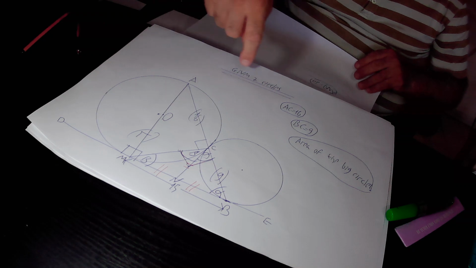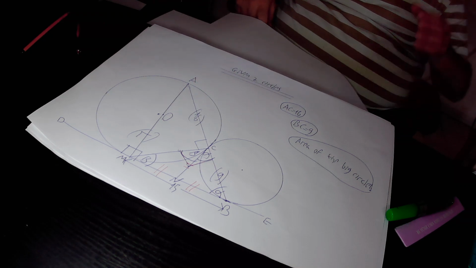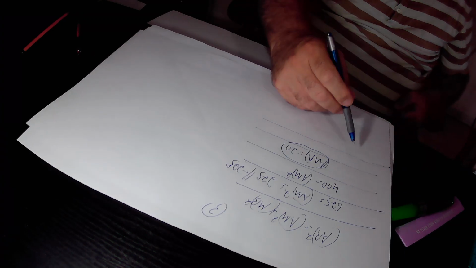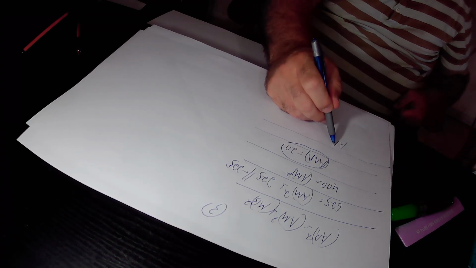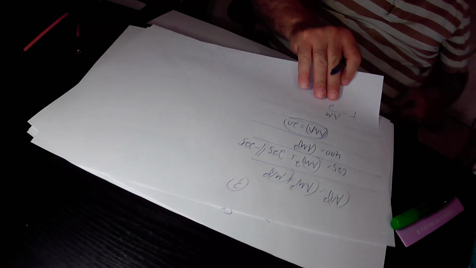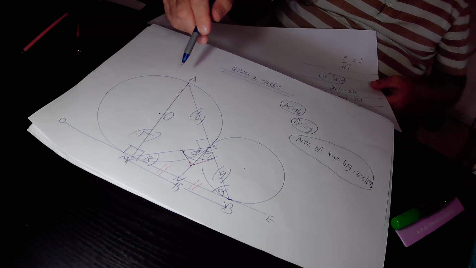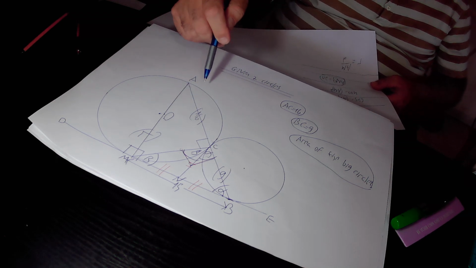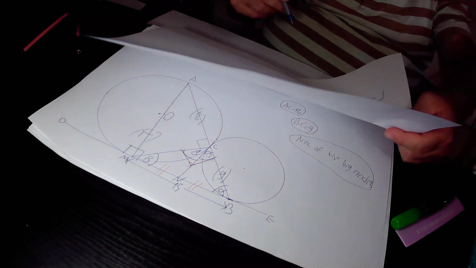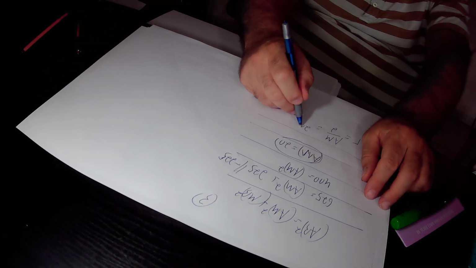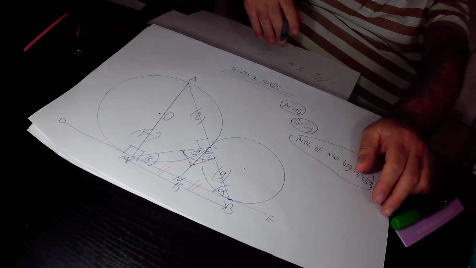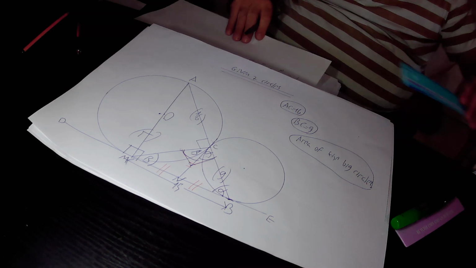So the diameter AM over 2 is equal to the radius R. So the radius R equals AM over 2, that is 20 over 2, which is 10. So the radius R of this big circle is equal to 10 units in its length.